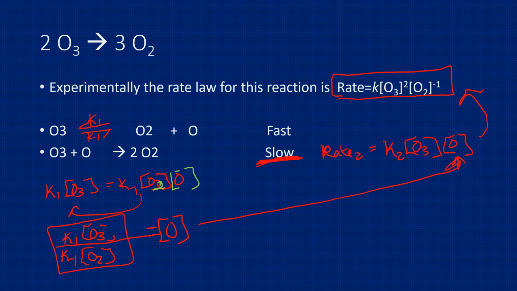So the rate is going to be equal to K2 times the concentration of O3, and then substitute in K1 over K to the negative 1 times O3 over O2.